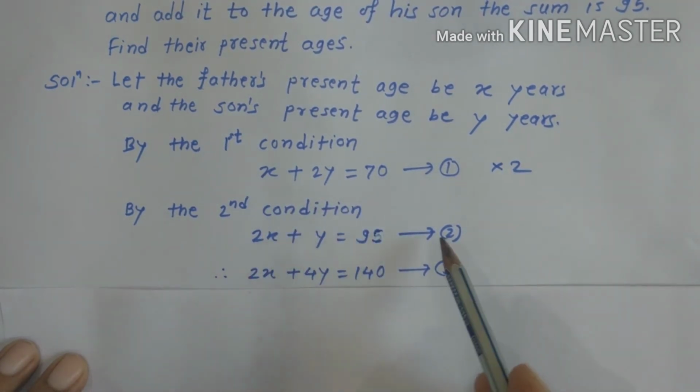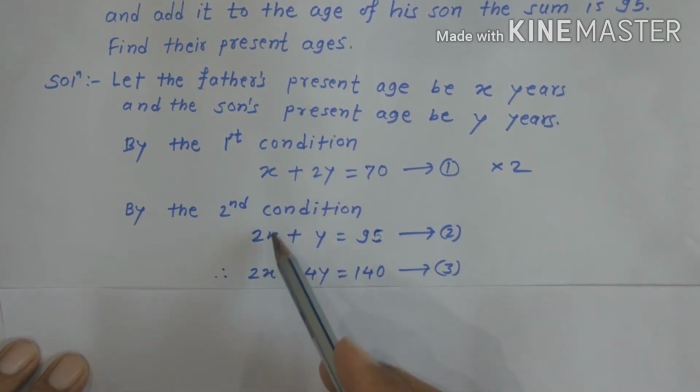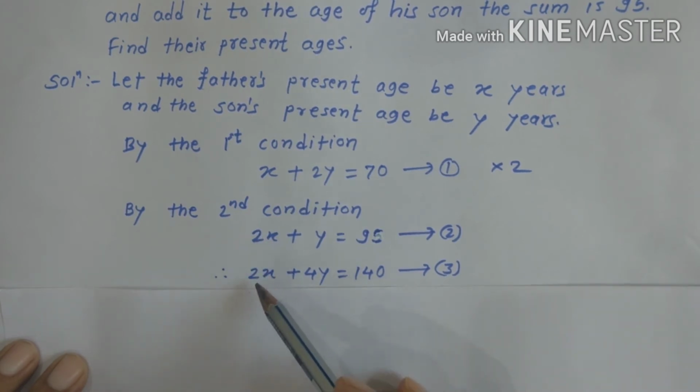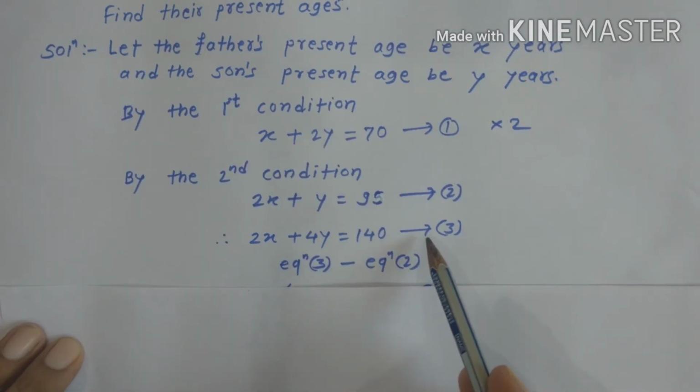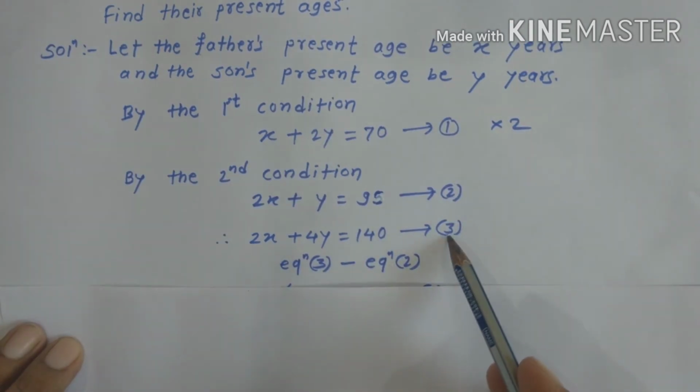Now we have equation number 2 and equation number 3. Now analyze the coefficients. Here you can see that the coefficients are same and signs are also same, that is plus sign. So if the signs are same, we subtract one equation from the other equation so that the variable can be eliminated. Here we subtract equation 2 from equation 3.